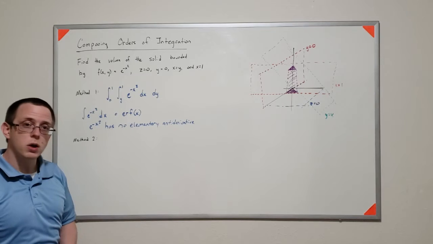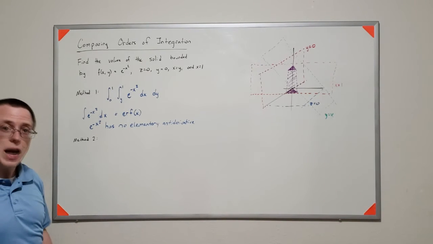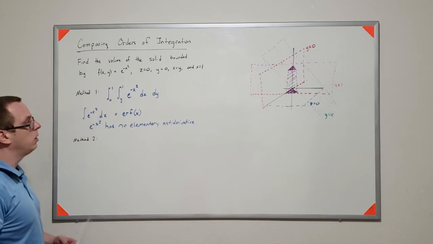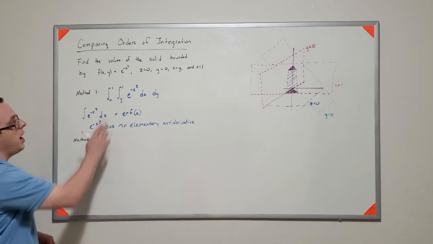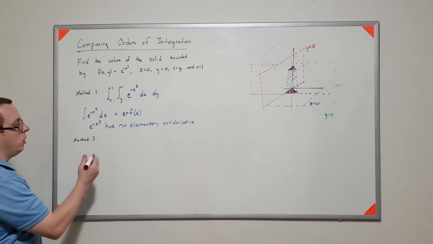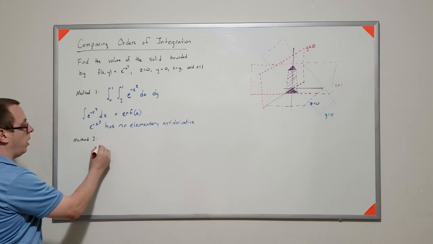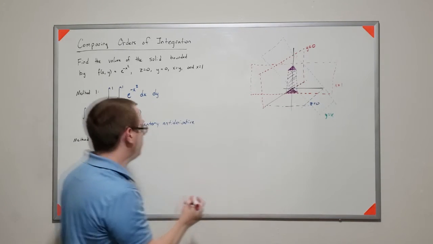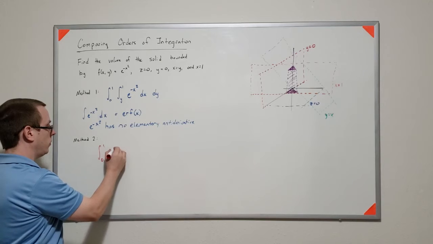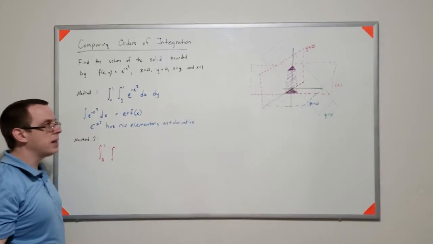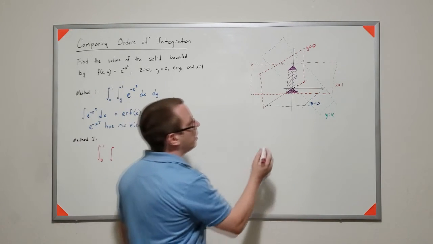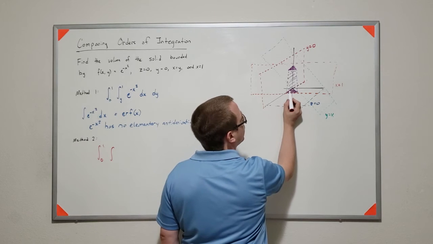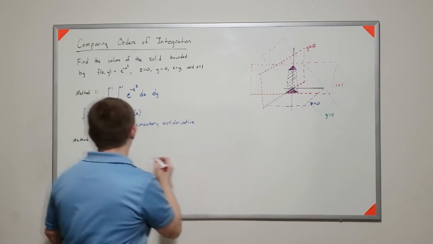So why don't we try changing the limits of integration here? So instead of saying x goes from y to 1, let's look at what x does. Let's say x goes from 0 to 1. And then for whatever x is, y goes from 0 to whatever x is.